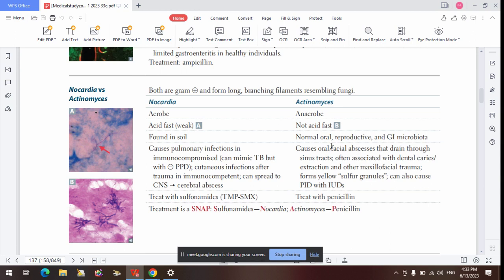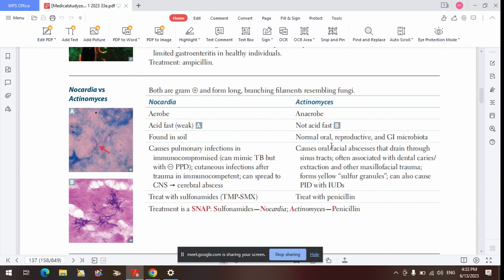The chronic inflammatory response gets so severe that it can lead to formation of sinuses. Sinuses are just like discharging tracts that connect from the mouth to the external surface of the skin, and they discharge some granules that are yellow in color. So we call them sulfur granules because sulfur is yellow. Those granules are yellowish in color. We call them sulfur granules.